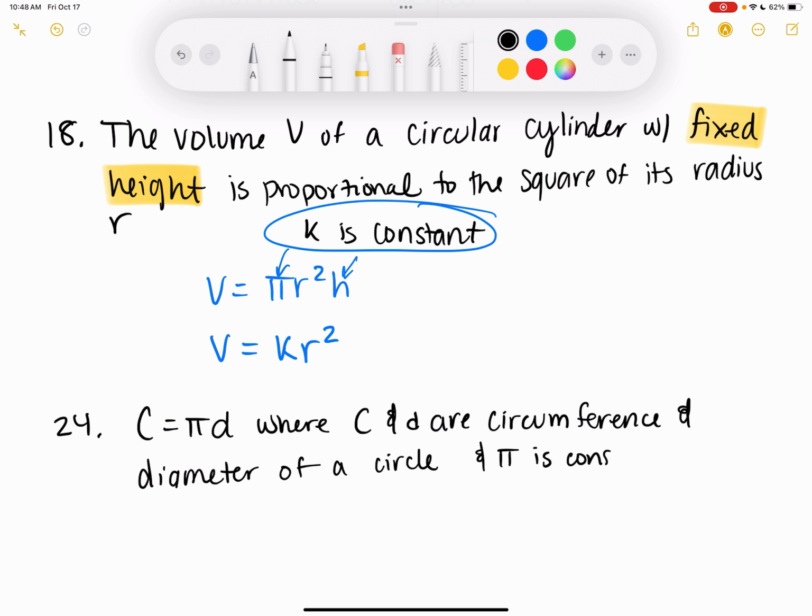Again, I feel like that's pretty self-explanatory. So I need to rewrite this as a statement that involves either the word proportion or basically variation.